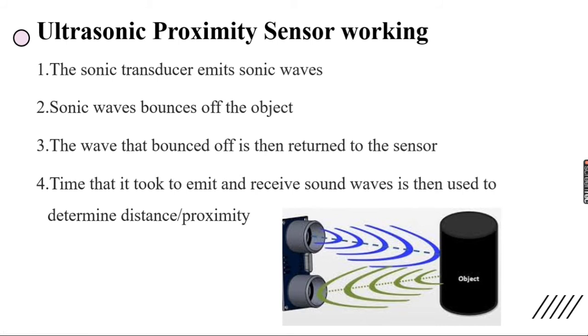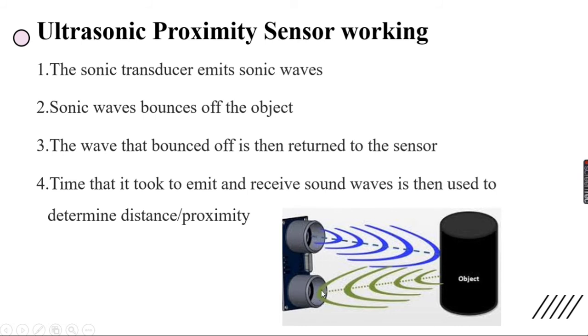The working is as follows: the transmitter transmits an ultrasonic wave, it bounces off an object and is received back by the receiver. The received sound wave is then used to detect the distance or presence of any object.